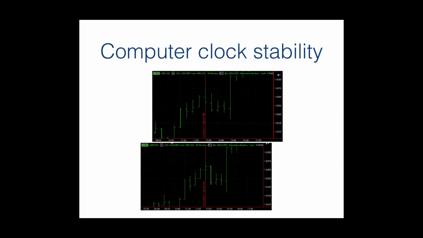In this example, we can see how differently bars may look in case the computer clock is only several seconds behind or ahead of the clock at the exchange or a broker or an ECN or a data feed or whatever.